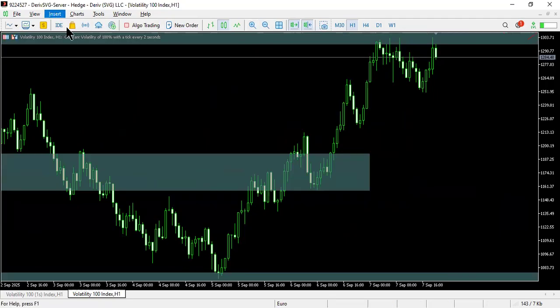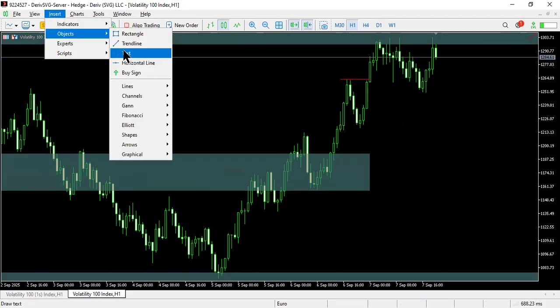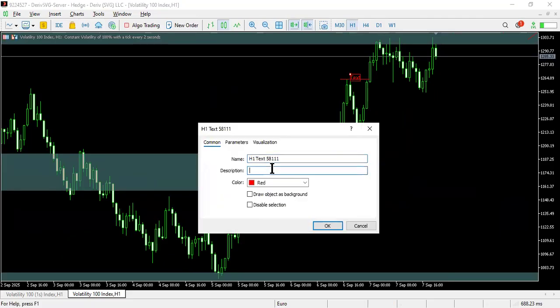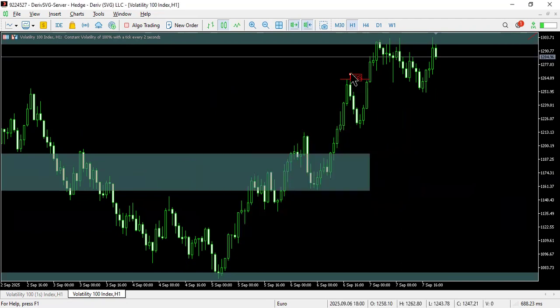But yes, let us study the price action in 1 hour. So there was a break of structure at that level. That is a break of structure.